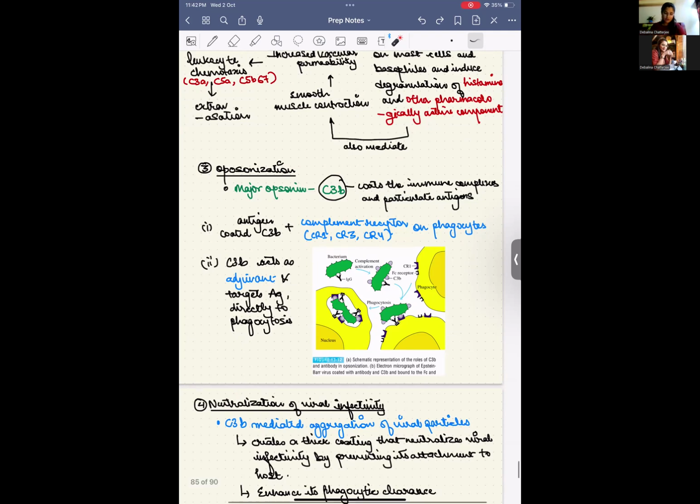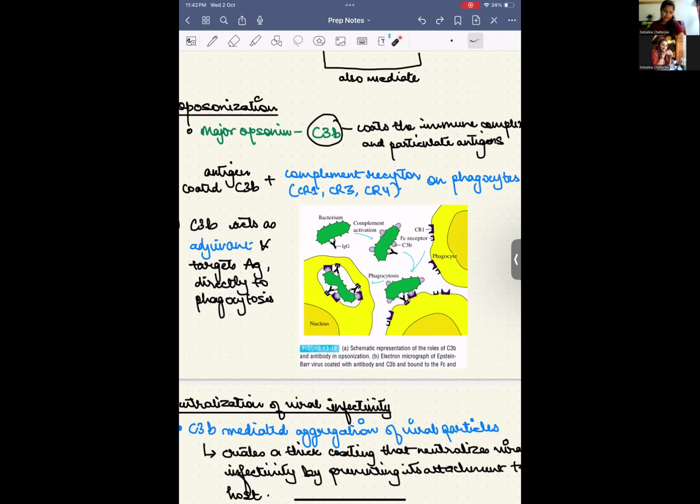So C3b coats the immune complexes and the particulate antigens, which means, so look over here. So there's a bacteria. This bacterial antigen is bound by the antibody molecule. This antibody molecule can be bound by the C3b molecules, or independently also we can have C3b binding to the bacterial surface.